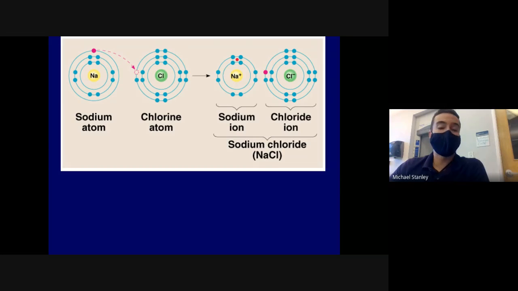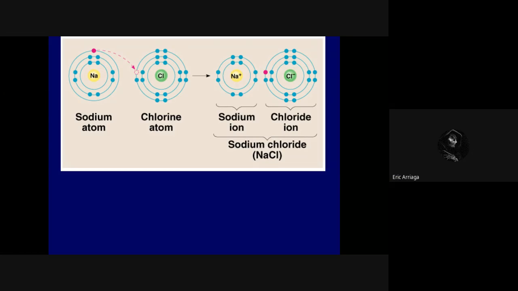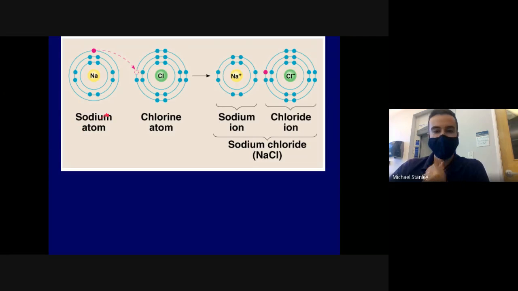And does anybody remember what kind of charge electrons have on them? Are they positive charges? Are they neutral? Are they negative charges? What types of charges are on electrons? Negative, bingo. So when sodium loses that electron, it loses that negative. So sodium becomes a little bit more positive, hence the little plus right here.